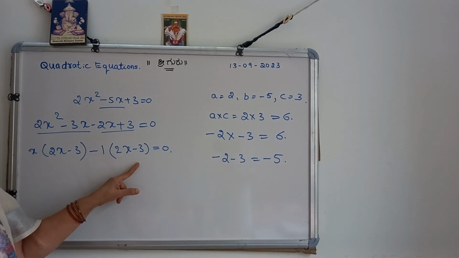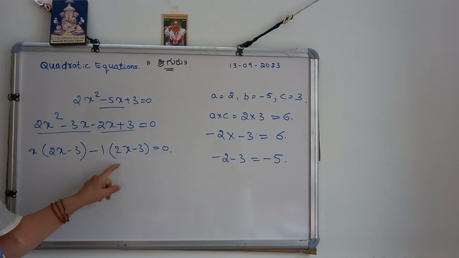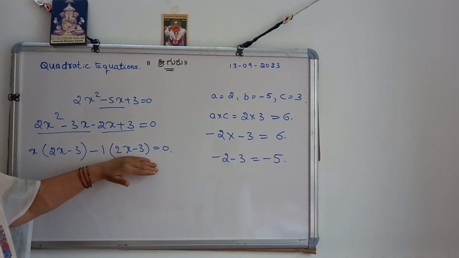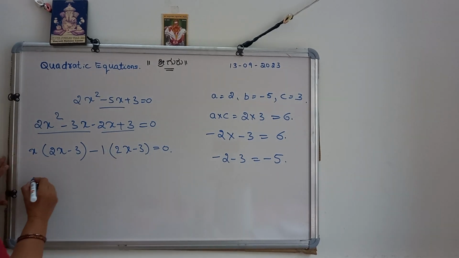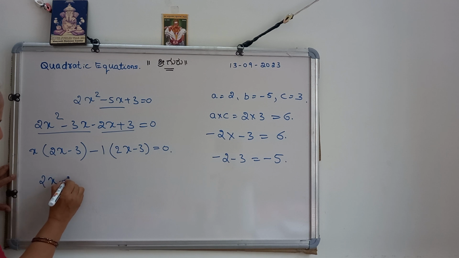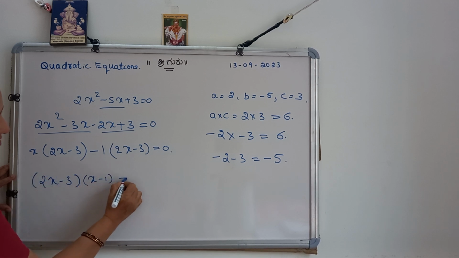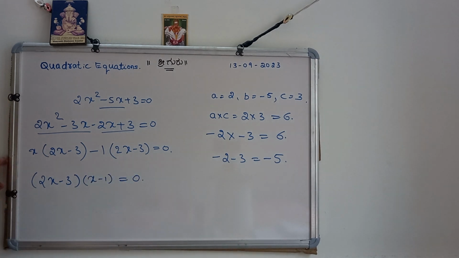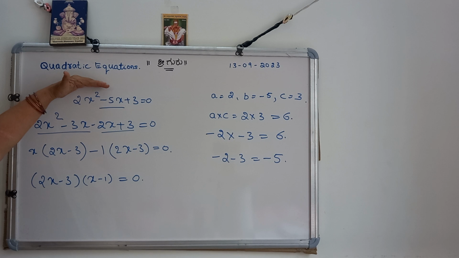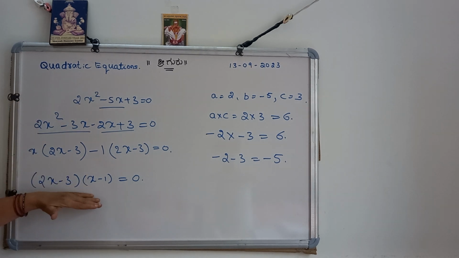Observing these two terms, we know that 2x minus 3, which is in the bracket, is a common factor. 2x minus 3 into another bracket x minus 1 is equal to 0. Now we have factorized the given quadratic equation into two linear factors.